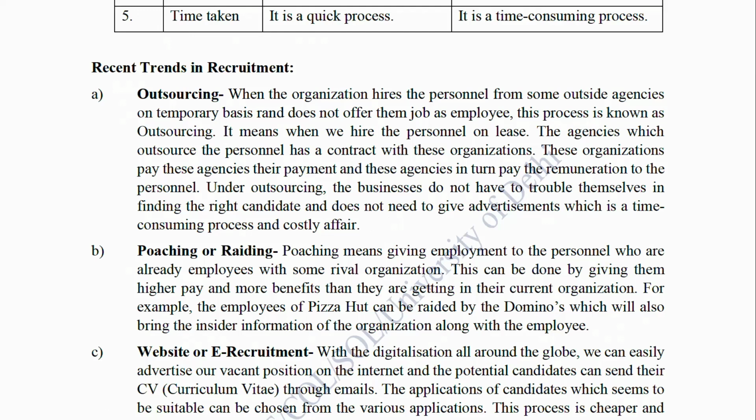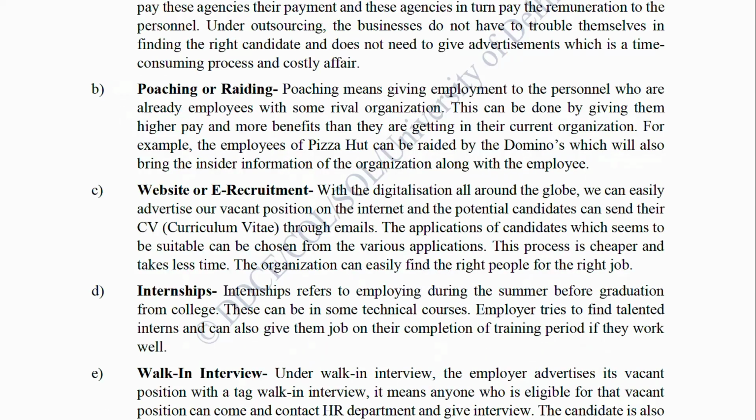These organizations pay these agencies, and these agencies in turn pay the remuneration to the personnel. Under outsourcing, the businesses do not have to trouble themselves in finding the right candidate and do not need to give advertisements, which is a time-consuming process and costly affair.